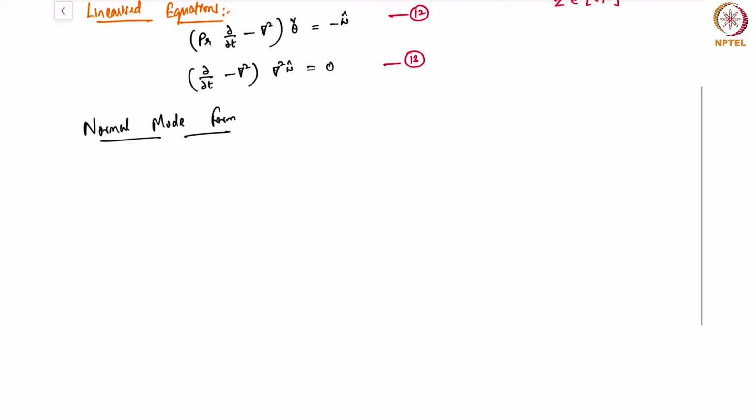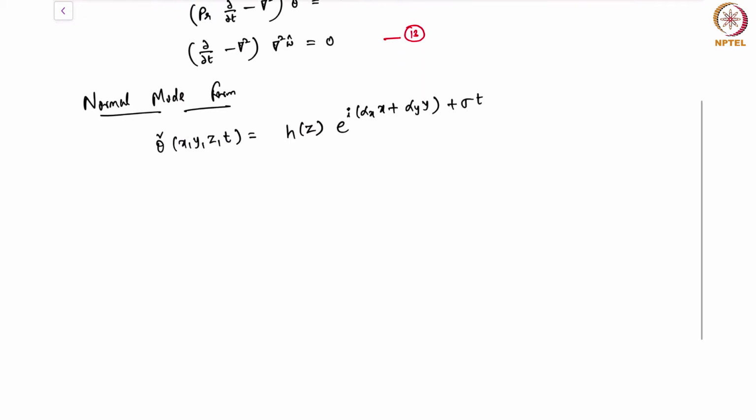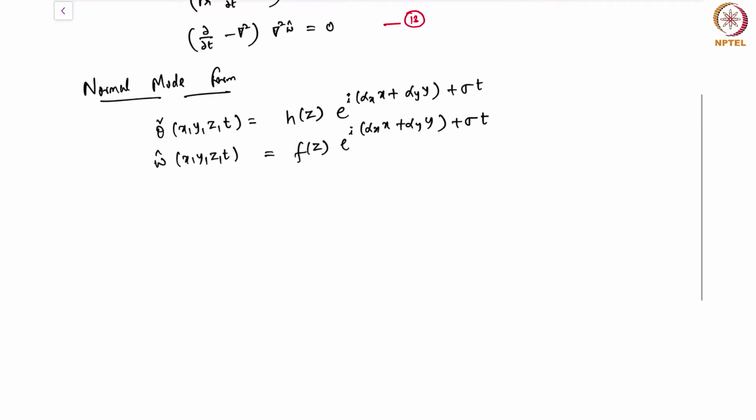Now we can start by writing down theta hat, which is a function of x, y, z and t, essentially becomes some unknown function h of z e power i (alpha x x plus alpha y y plus sigma t), and w hat is similar, with e power i (alpha x x plus alpha y y plus sigma t).